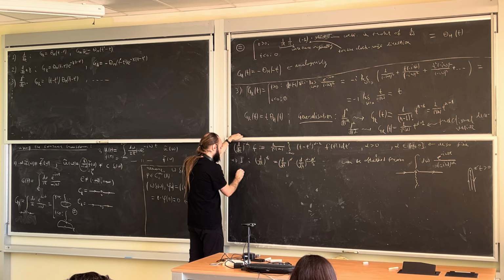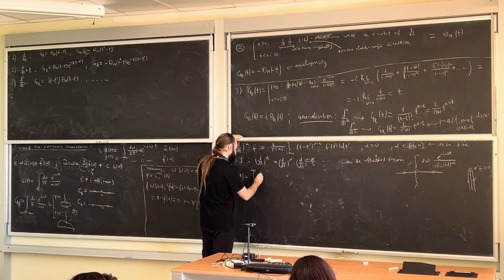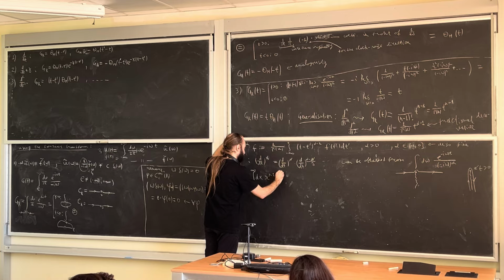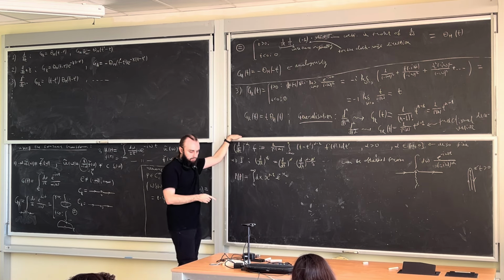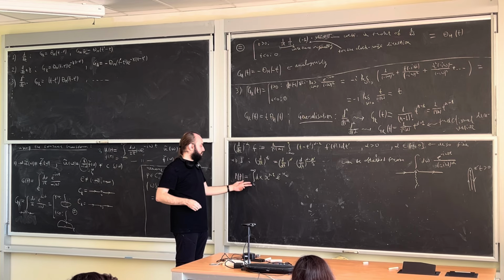And this integral can be computed using the following formula. The gamma function has two integral representations. One is this, from 0 to infinity, dx x to the p minus 1, e to the minus x. There is one representation, and it can be understood by integrating this expression by parts.